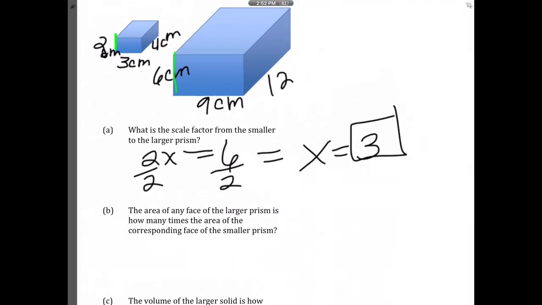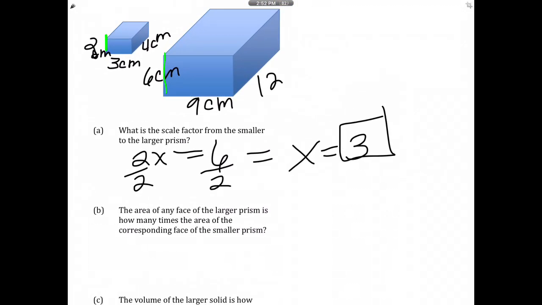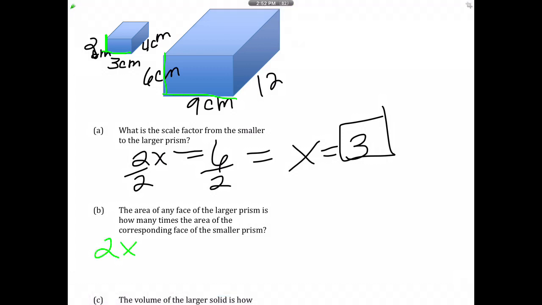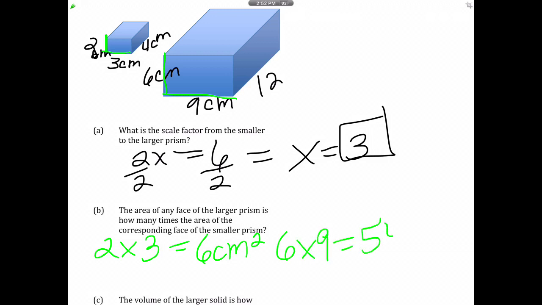Now, when we do an actual face or an area of 2 corresponding sides, we have this one right here and this one right here. So for the first side, we have 2 times 3 equals 6 square centimeters. And then 6 times 9, which equals 54 square centimeters.